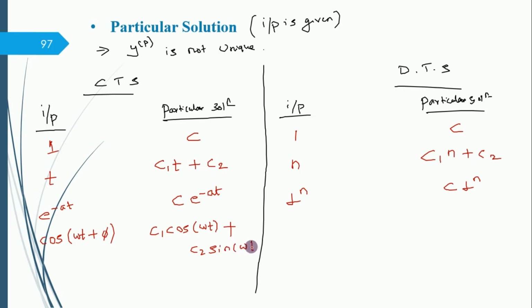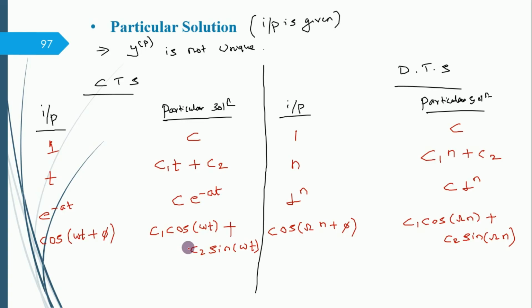Here, if cos of omega n plus phi is the input, the particular solution form is C1 cos of omega n plus C2 sin of omega n. This is a table to be remembered. What kind of input I have in the given system determines how the particular solution is derived. That's why this table plays a very vital role. You should remember this table for solving the numericals.